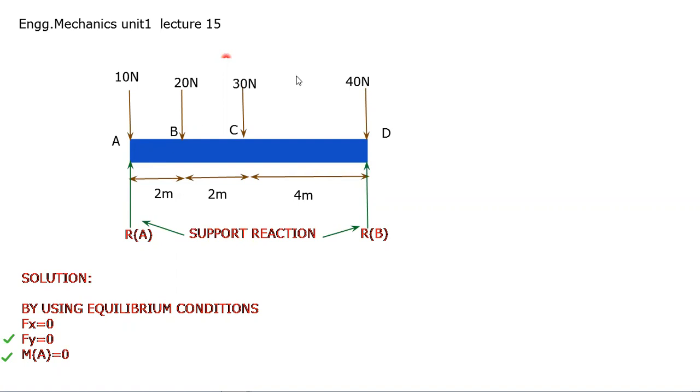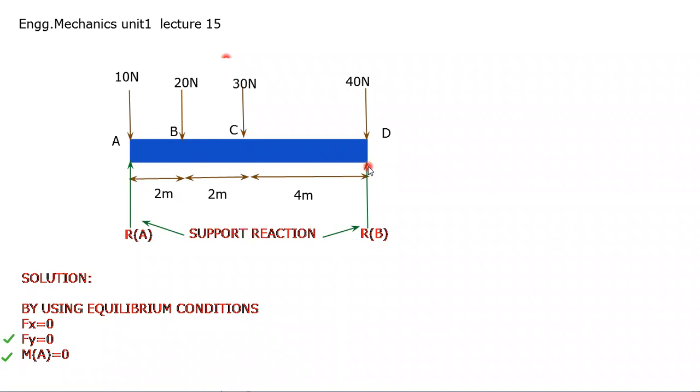While using the moment at any point, the 10 Newton force will give 0 moment if we calculate the moment at A, and the 40 Newton force will give 0 moment if we calculate the moment at point D. This means that the force passing through a particular point has 0 moment at that point, because the distance is 0 at the same point. Okay, so this is the concept behind this.